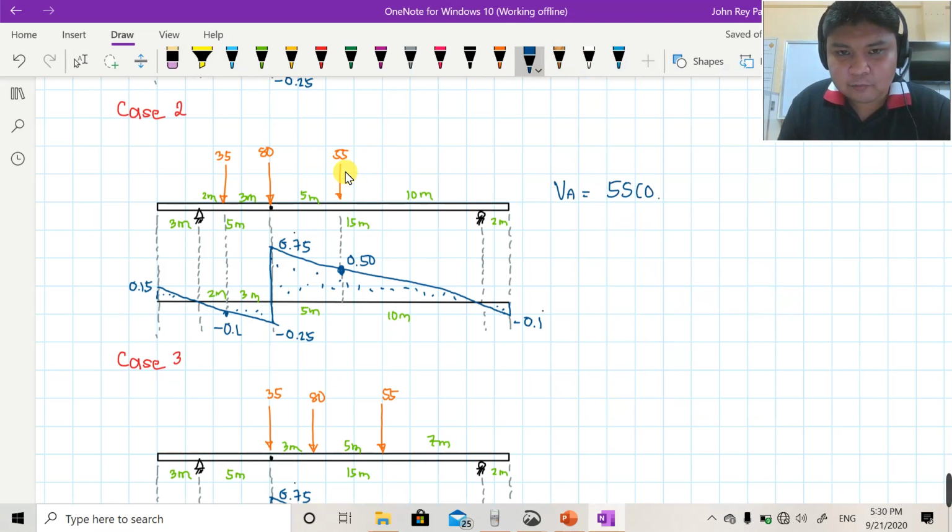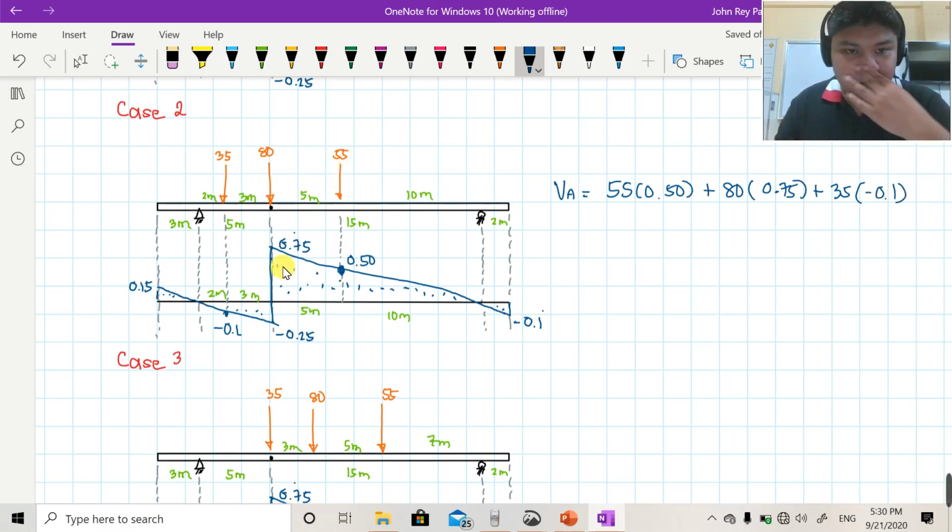So, therefore, the shear at A will be equal to, unahin ko muna tong 55, pero meron siyang ordinate na 0.50. At the same time, yung 80, meron siyang ordinate na 0.75. And lastly, yung 35 class ay may ordinate na negative 0.1. So yun, titingnan mo lang siya class dito sa ating influence line.